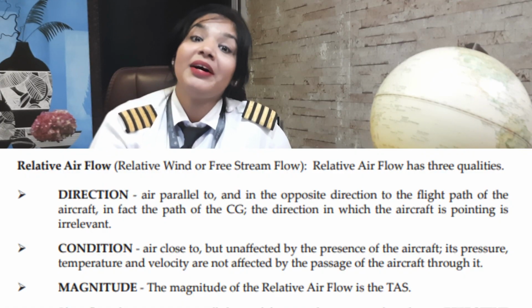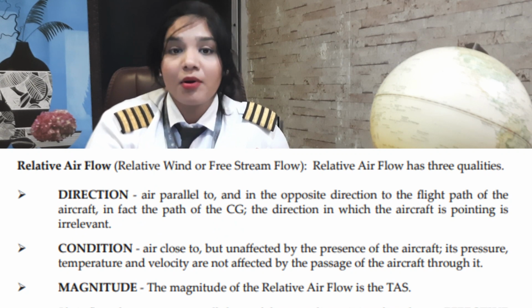Next, moving on to your relative airflow. Relative airflow or relative wind is basically the wind that is opposite to your flight path. Whichever direction the flight is going, whether it's climbing or descending, it is opposite to the flight path, as I've also mentioned in a previous video. There are three requirements for it to become a relative airflow.